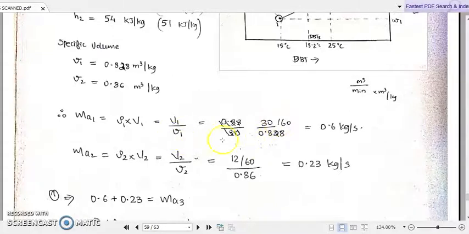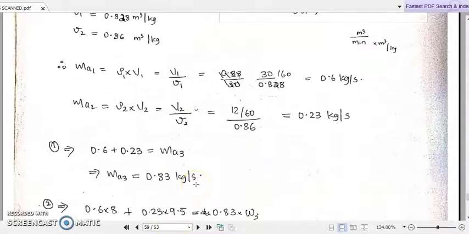Dividing it by the specific volume nu 1, that is 30 by 60 divided by 0.828, gives us the mass flow rate of the air per second, that is 0.6 kilogram per second. In the same way, MA2 will be equal to V2 by nu 2, 12 by 60 the whole divided by 0.86, again coming to 0.23 kilogram of dry air per second.